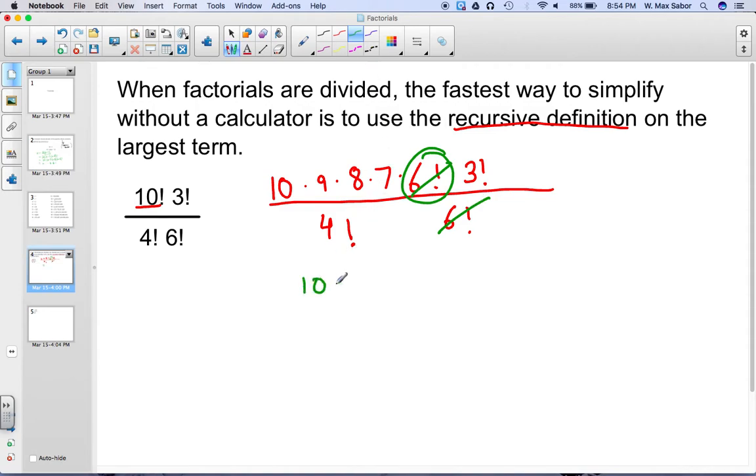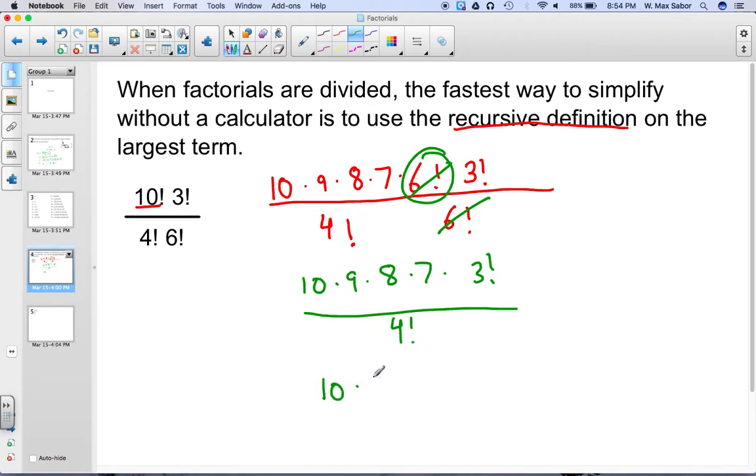Now we have 10 times 9 times 8 times 7 times 3 factorial over 4 factorial. Well, what's the largest term with a factorial here? 4 factorial is.